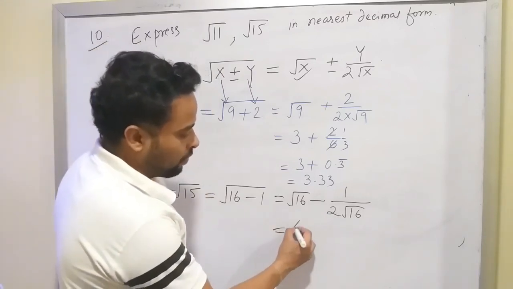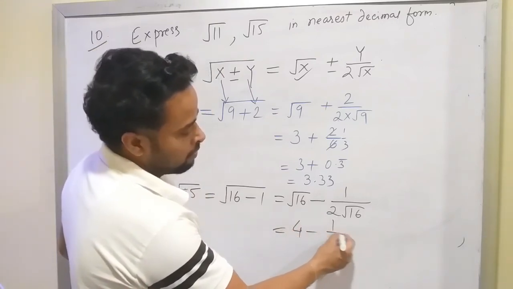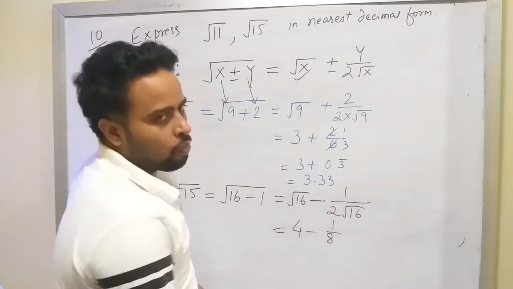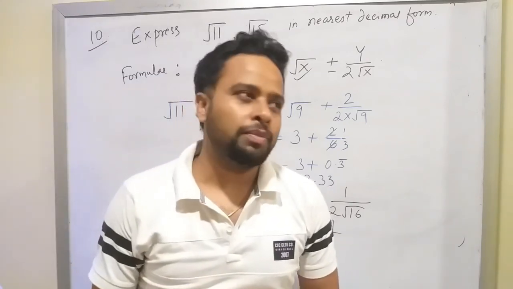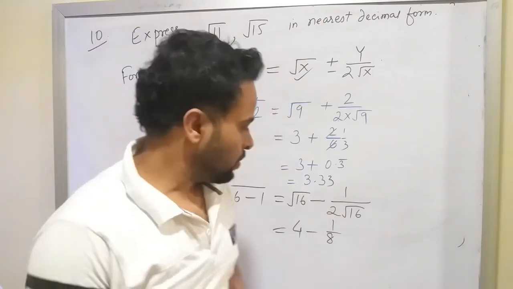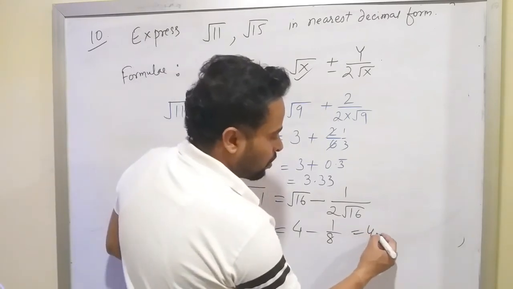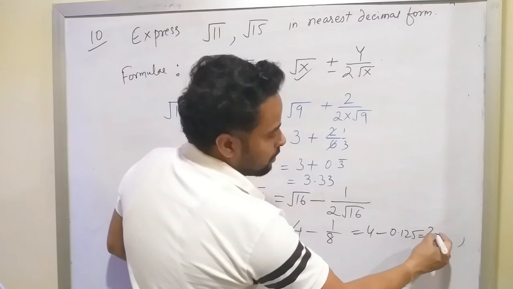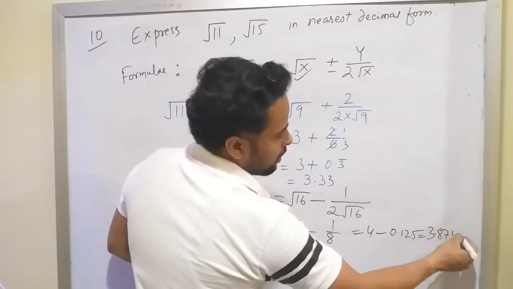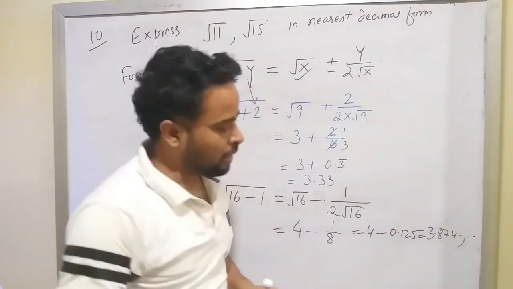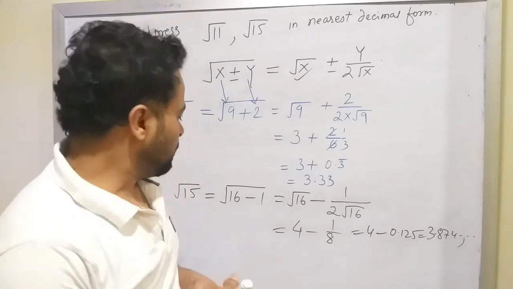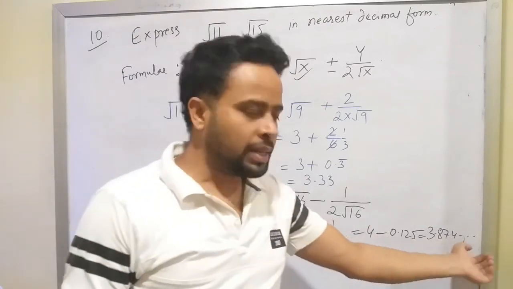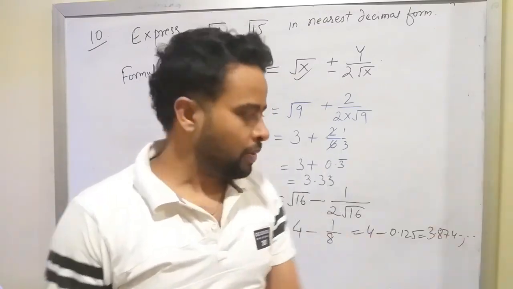This comes as 4 minus 1 by 8. 1 by 8 is something about 0.125. So it is 4 minus 0.125. 3.874 or 5 or dot dot dot, whatever comes, that is the answer. So if you want to know root 15, it is 3.87 dot dot dot dot, whatever.